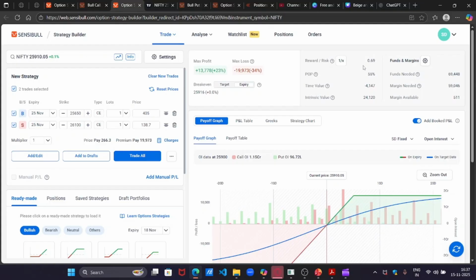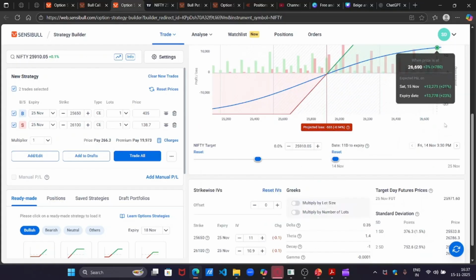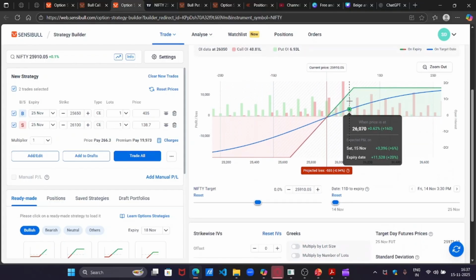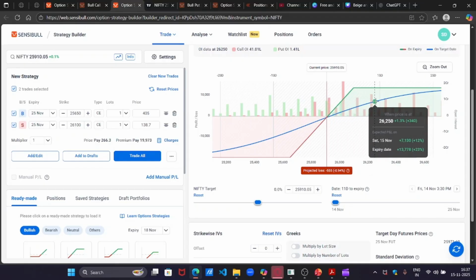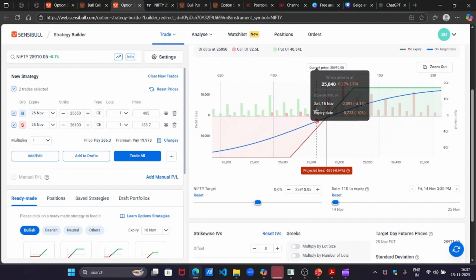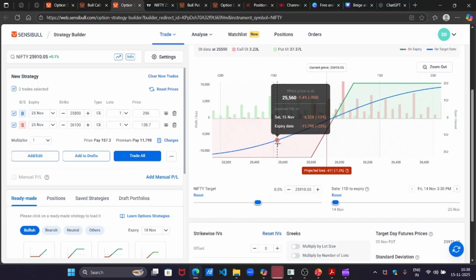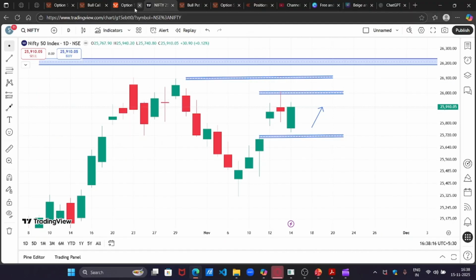Risk reward ratio is 0.69, but you will be making profit after 26,000 from here onwards, right? And if you want to reduce the risk, you can go up. As I moved up, see 23%, 16%, right? So that's how you can reduce the risk. You can adjust accordingly how fast it can move, how slow it will move. Accordingly, you should trade.